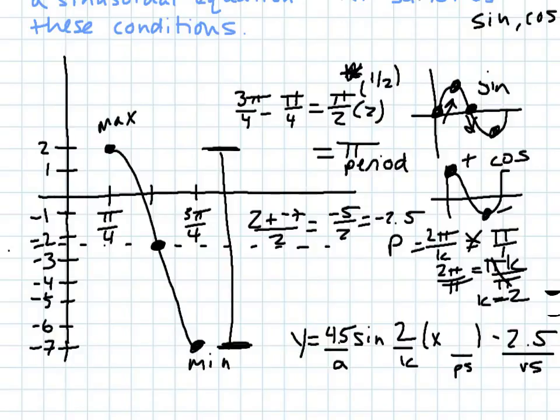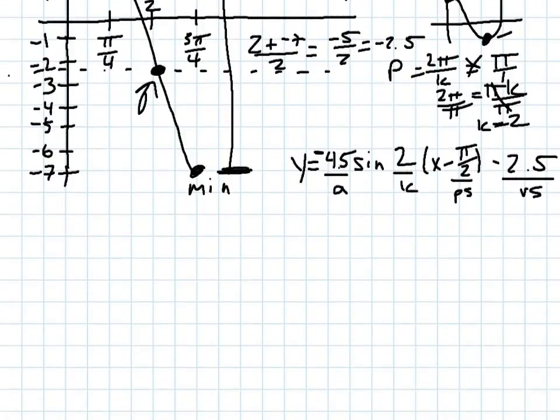So here, I think it'll be easier for us to go with this point right here and say negative 4.5. If I do that, then I need to figure out what my middle ground is. So halfway in between pi over 4 and 3 pi over 4 is pi over 2. Remember, this is the opposite for our phase shift. So it's negative pi over 2.